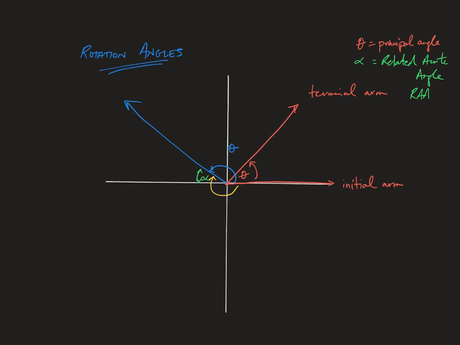And so let's just take that last example then, and maybe I'll call that last angle beta. That I could then state that beta and theta are coterminal angles because they're angles that finish the terminal arm in the same position.